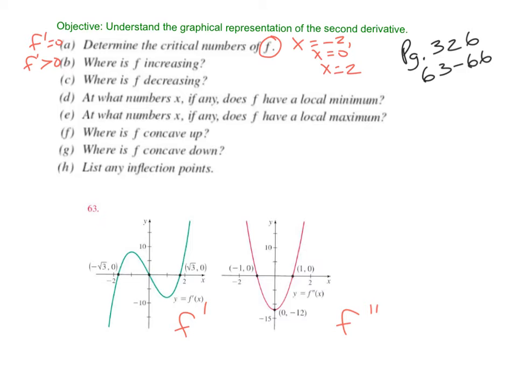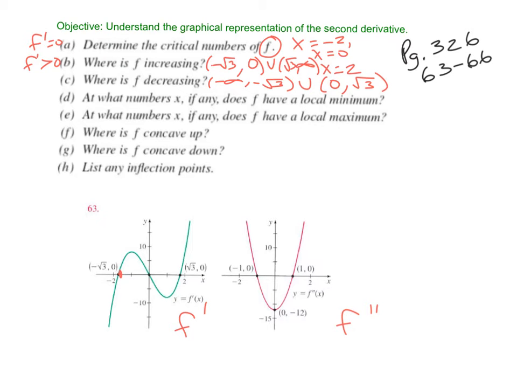Greater than 0 would be right there, negative square root of 3 to 0. And then root 3 to infinity. And then decreasing, where is the graph below the x-axis? That's negative infinity to negative root 3. And then 0 to root 3.